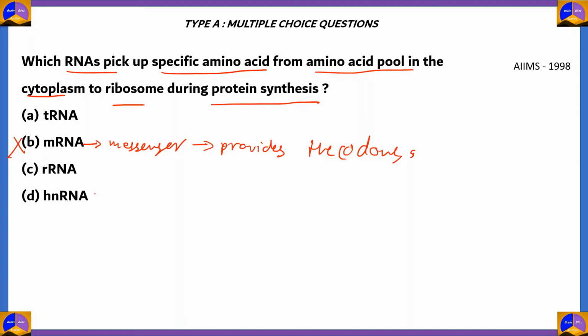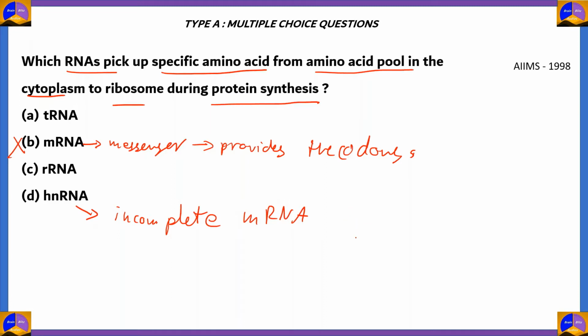What about option D, hnRNA? The truth is, hnRNA is an incomplete form of mRNA. Just after transcription, you get hnRNA, which has coding sequences called exons and non-coding sequences called introns.